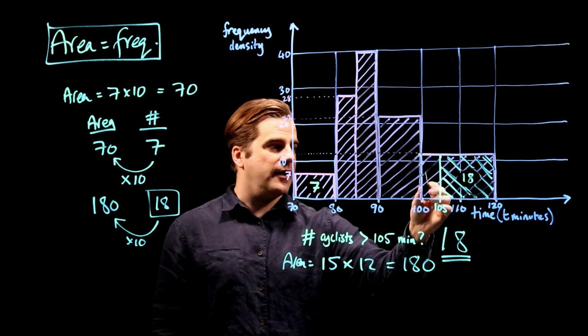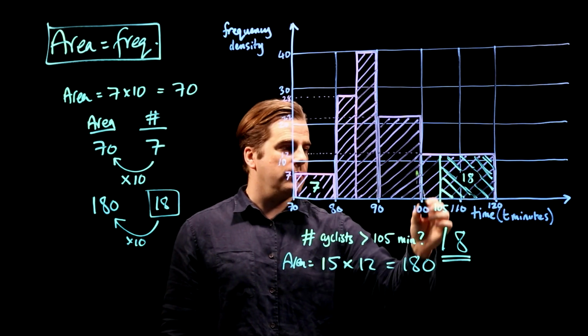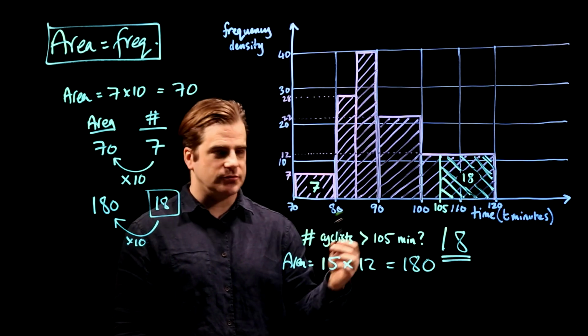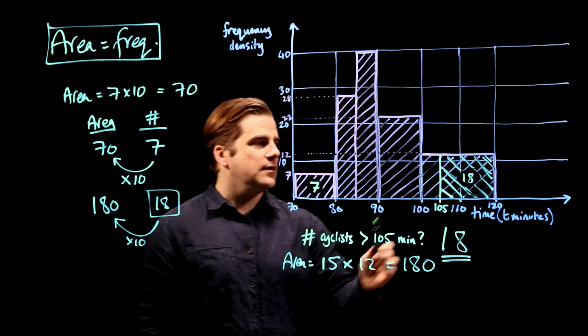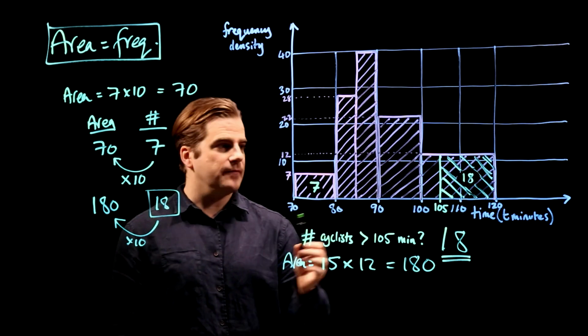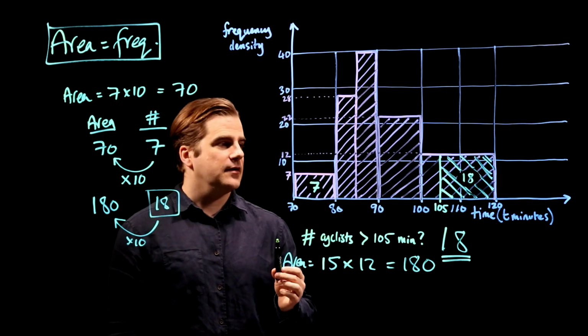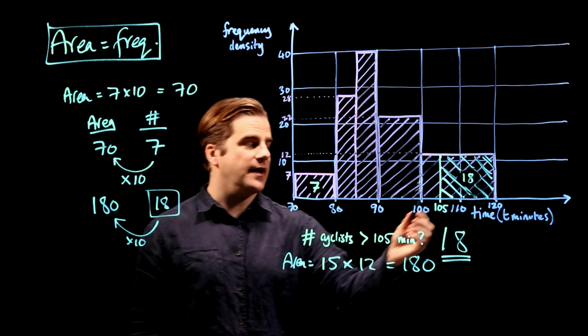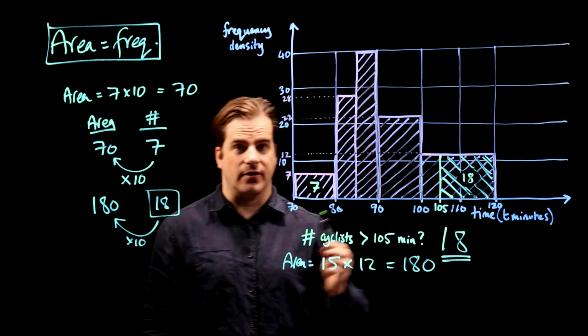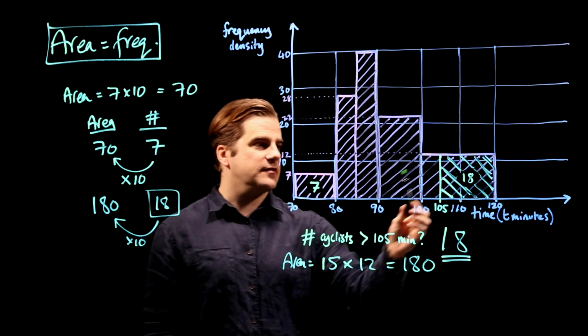If we worked out the area of this whole box from 100 to 120, which would be 24 by the way, then we can say for sure that 24 cyclists came in between 100 and 120. But we can't say for sure that 18 came in between 105 and 120.